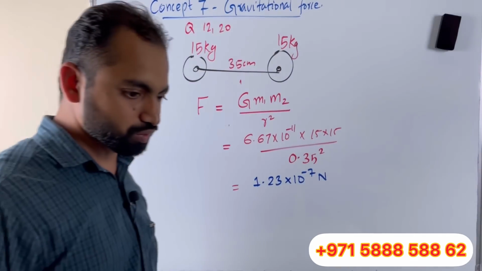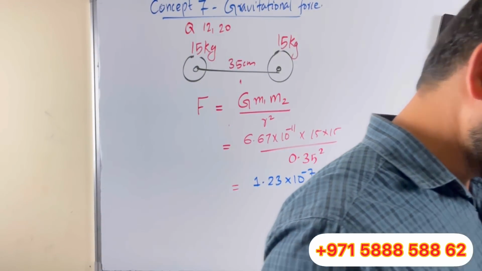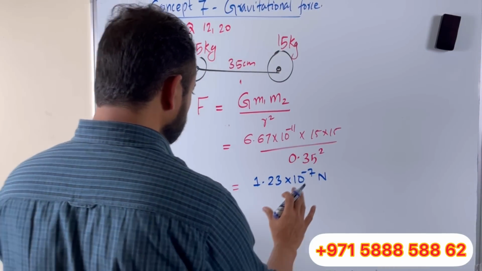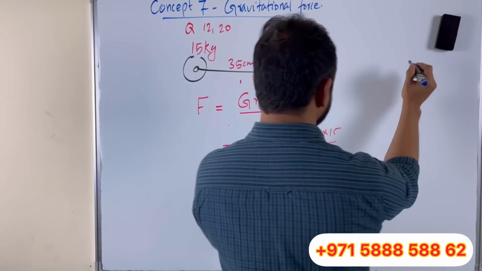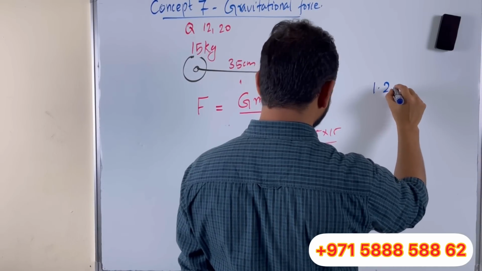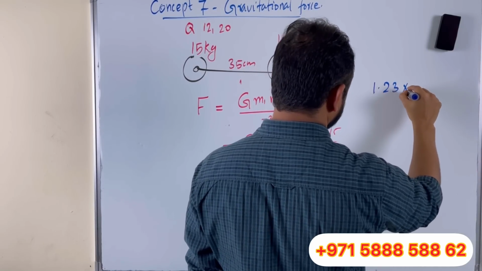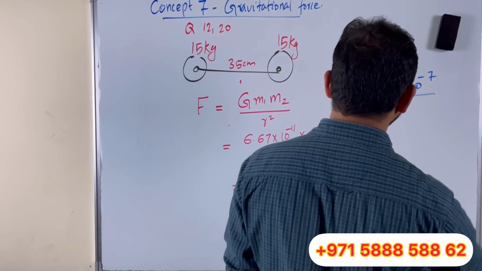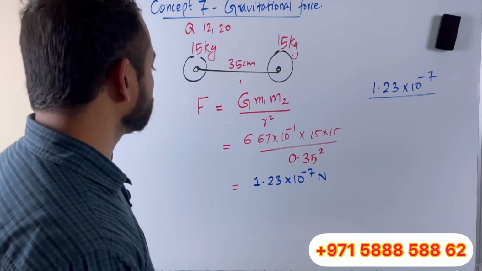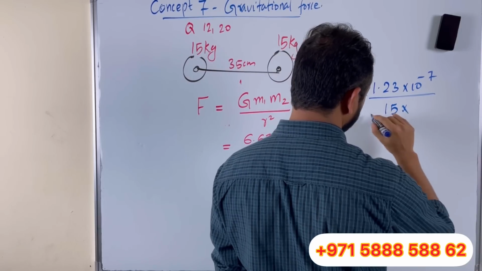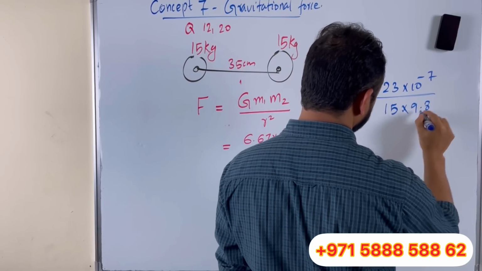And there is a sub question here: what fraction is this of the weight of one ball? We got the gravitational force, 1.23 times 10 to the power negative 7, divided by the weight of one of the balls. The weight of one ball is mg, 15 multiplied by 9.8.